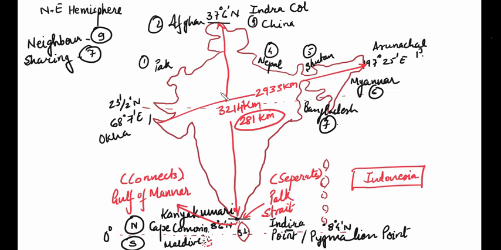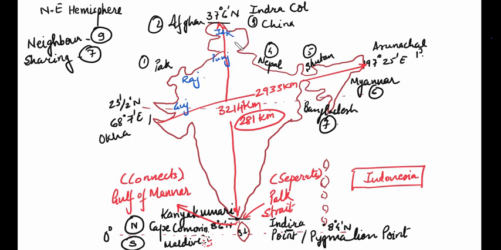Now the states and union territories which are sharing their boundaries with our neighboring countries. So here J and K is sharing the boundary with Afghanistan and Pakistan. Then Punjab with Pakistan. Then Rajasthan and Gujarat. On the other side, on China, J and K, it is here, some part like this.